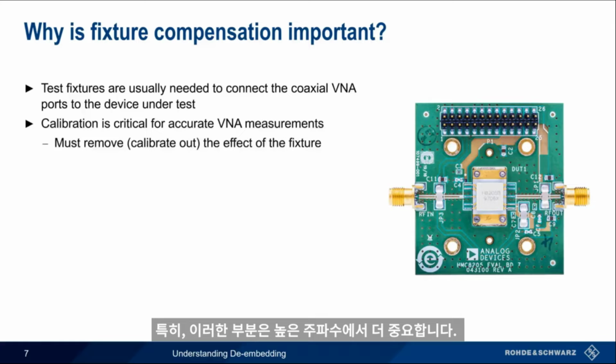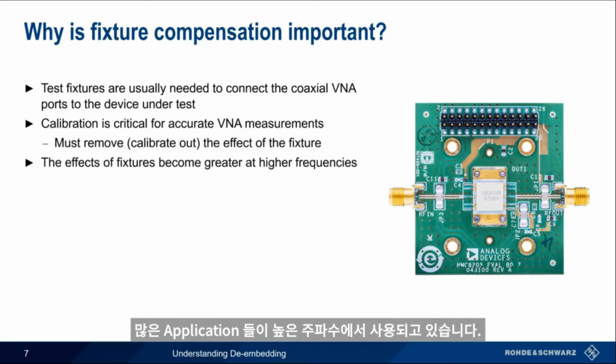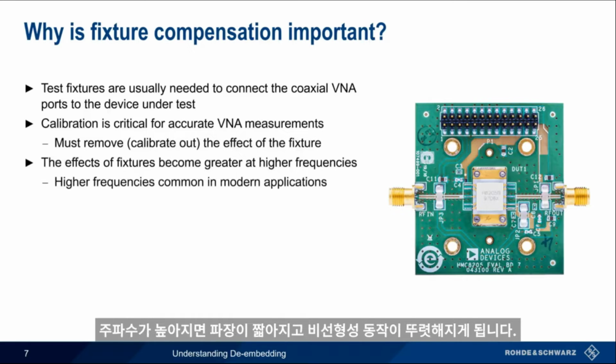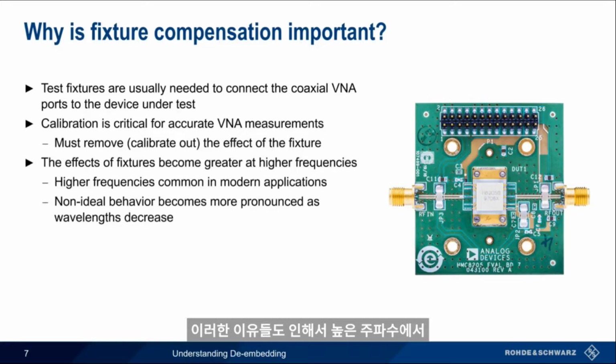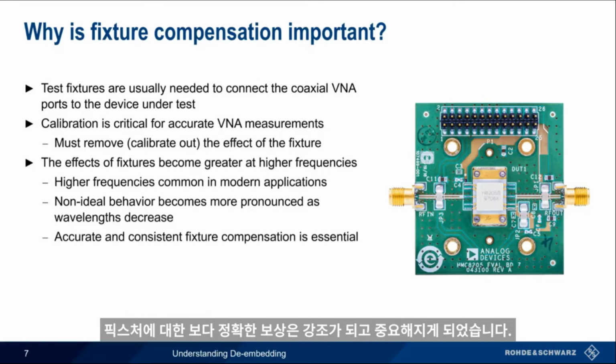This need for fixture compensation is especially true at higher frequencies, and high frequencies are quite common in many modern applications. As frequency increases, wavelength decreases, and non-ideal behavior becomes more noticeable or more pronounced. For these reasons, accurate and consistent fixture compensation has become essential as applications move to these higher frequencies.